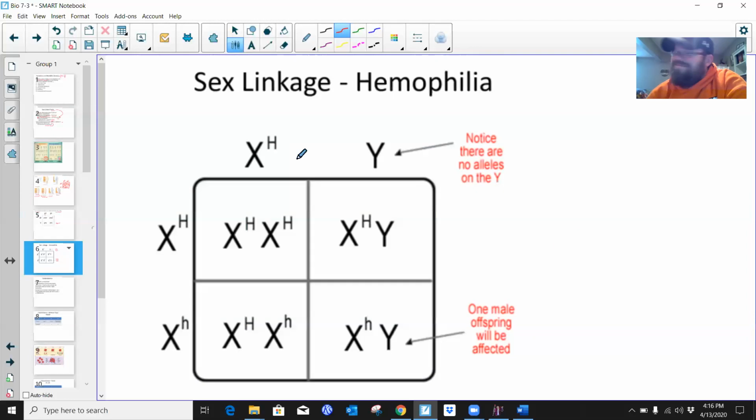All right, so hemophilia is another example of a sex-linked trait. It's carried on the X chromosome. What's hemophilia? It's primarily a bleeding or blood clotting disorder.